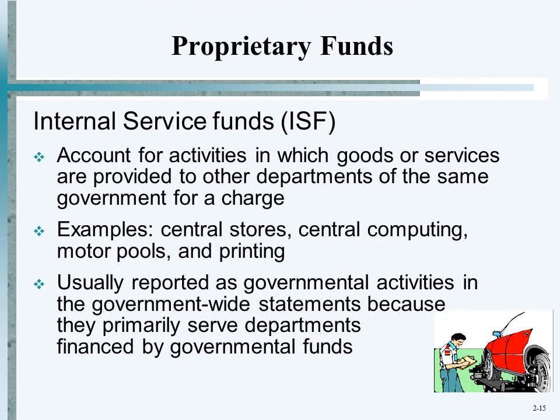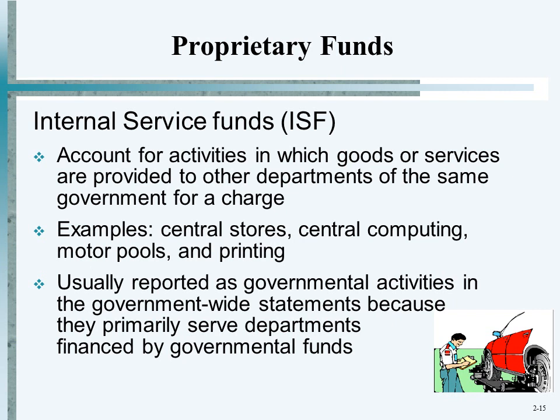All right, now proprietary funds. There are several types of these. First, we'll talk about internal service funds. These account for activities where goods and services are provided to other departments inside the same government for a charge.